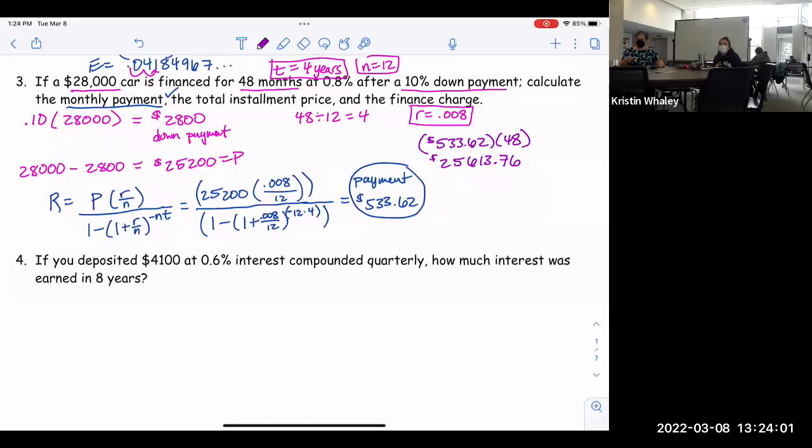But remember, we also make a down payment. If I want to find the total of everything paid, I would need to add to that number the $2,800 down payment we calculated before. So I would add my down payment amount to that as well.